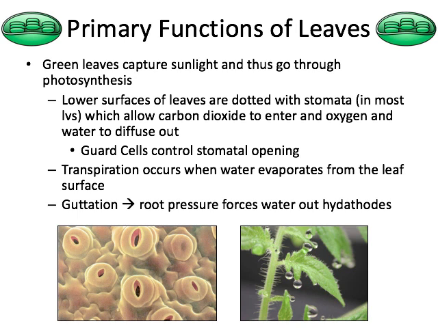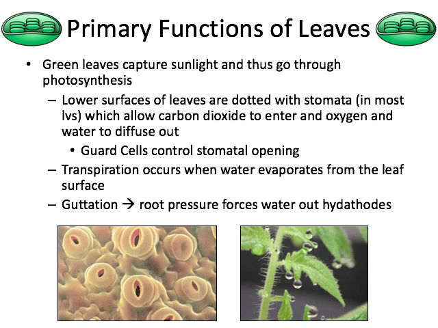For example, the lower surfaces of the leaves are dotted with stomata, and these stomata allow for carbon dioxide to enter and oxygen and water gas to diffuse out. We're going to learn later on in this lecture, however, that there are some exceptions to this in that sometimes stomata are found on additional leaf surfaces.